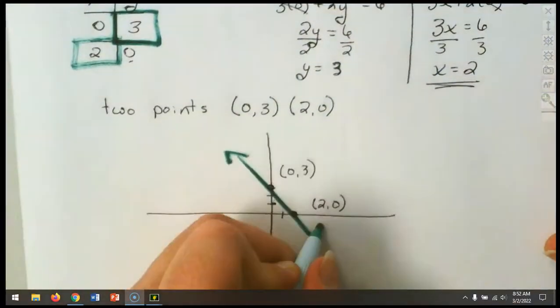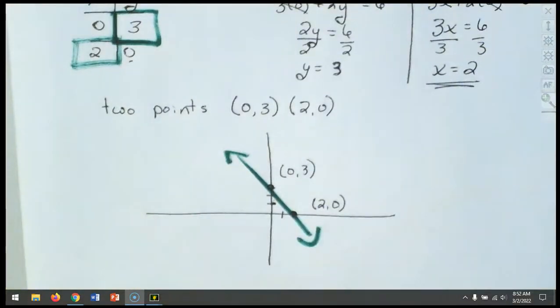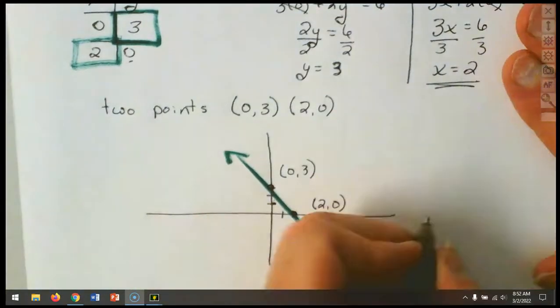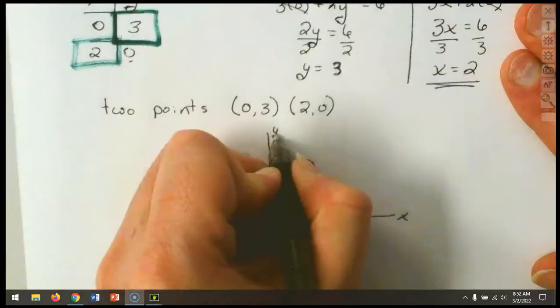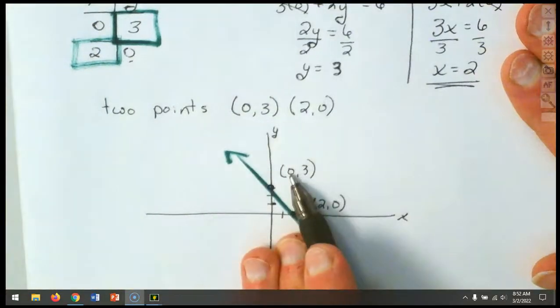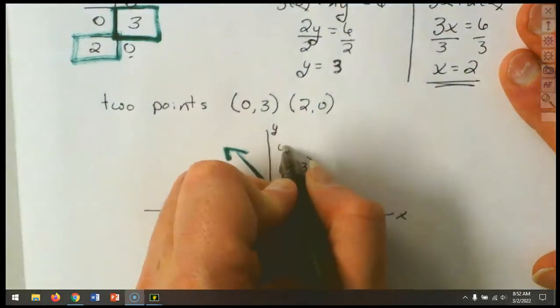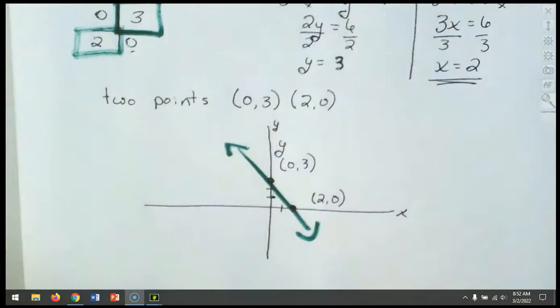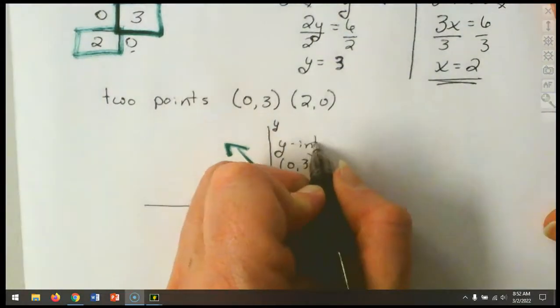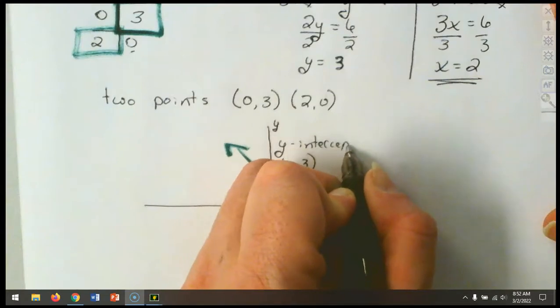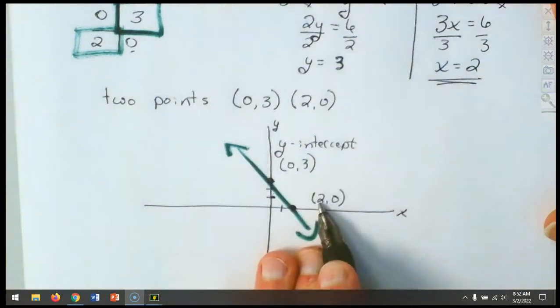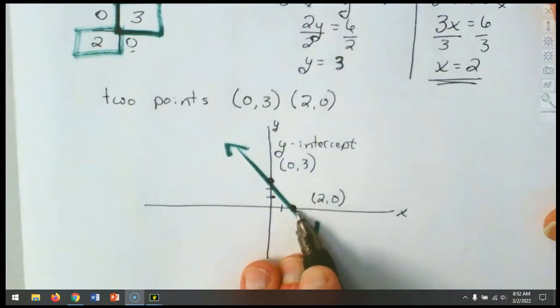Now, these are intercepts, and why are they intercepts? They cross the axis. So this one at 0, 3, it crosses what? It crosses the y-axis. So this one, because it crosses the y-axis, would be your y-intercept. This one down here at 2, 0 crosses the x-axis.